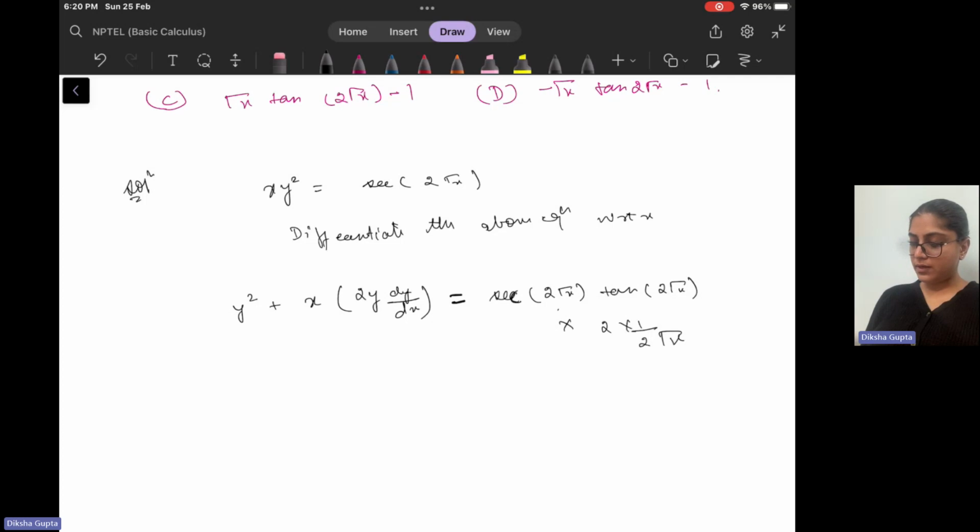So it will be 2 into 1 by 2 root x. The derivative of root x, how do we do? It is 1 by 2, x with one less power, so it will be 1 by 2 x to the power 1 by 2.